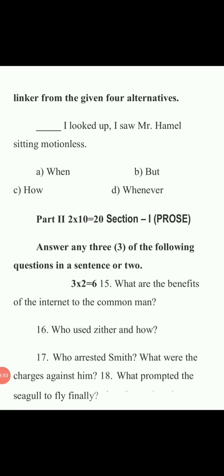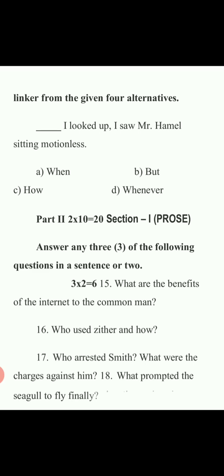Okay. Then part 2, that you have to find out the answer. I read the question and move. Any doubt, afterwards you can inform me. Answer any 3 of the following questions in a sentence or 2. This is a 2-mark question.